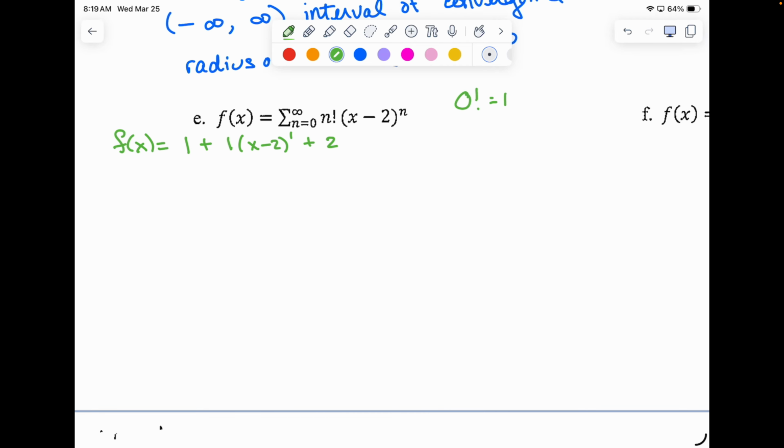Next term, we have 2 factorial x minus 2 squared. Then we have 3 factorial x minus 2 cubed, and the pattern continues. Where is this centered? At x equals 2.